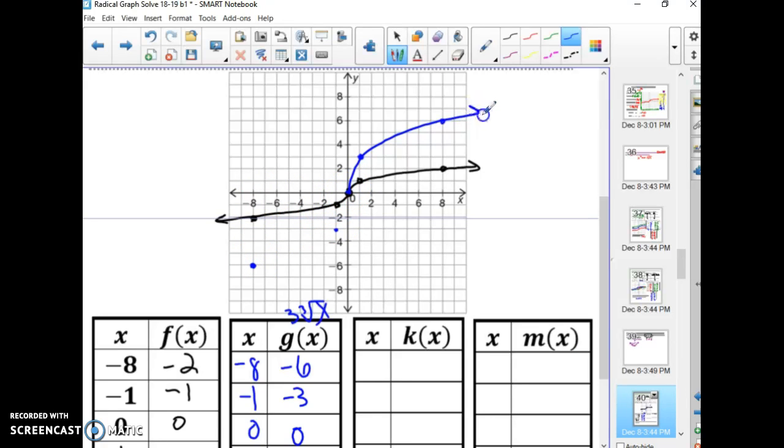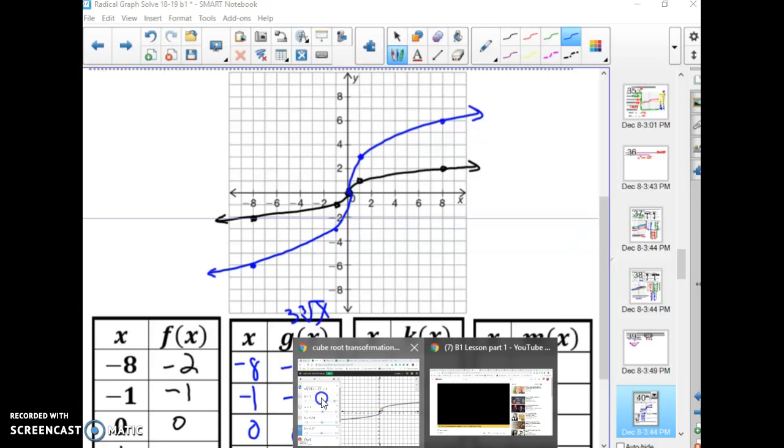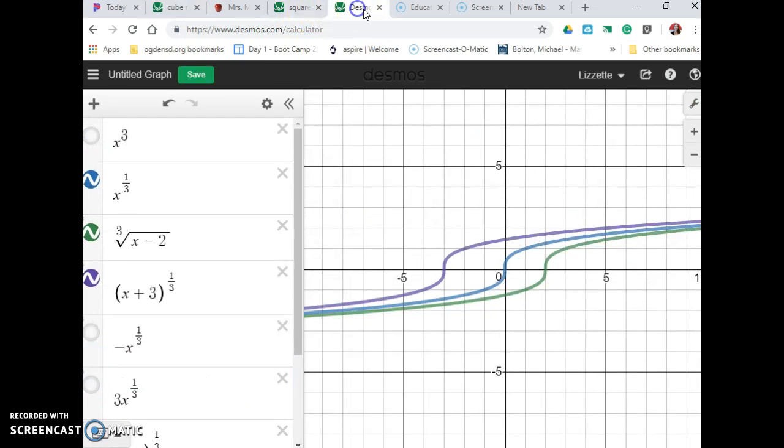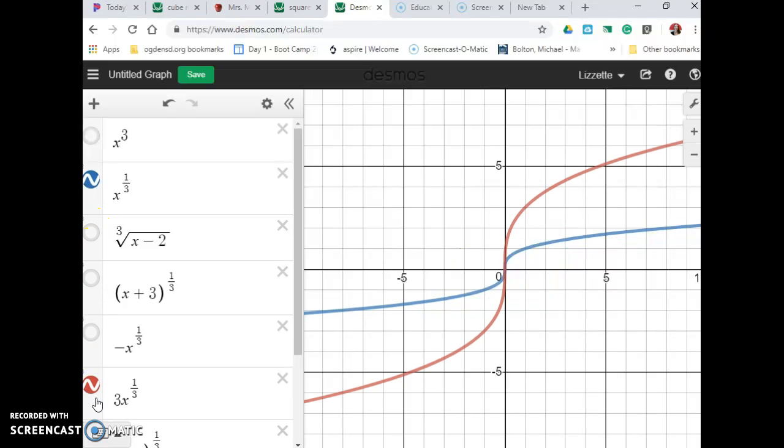And then I curve up, and I curve what? Down. So that's, like we plotted it, it stretches it, that's what it looks like, right?